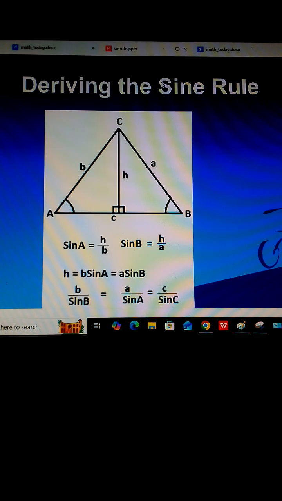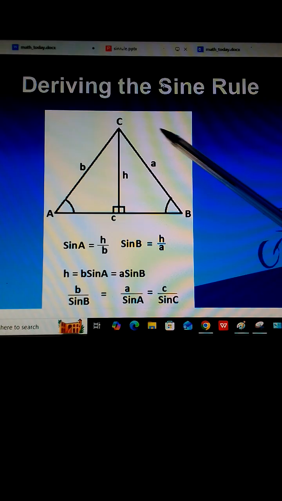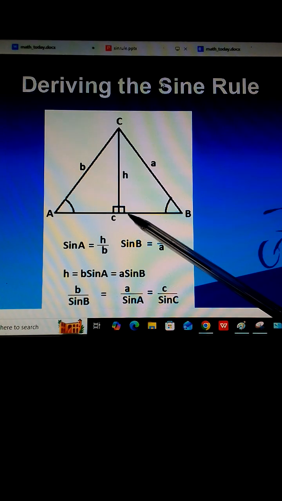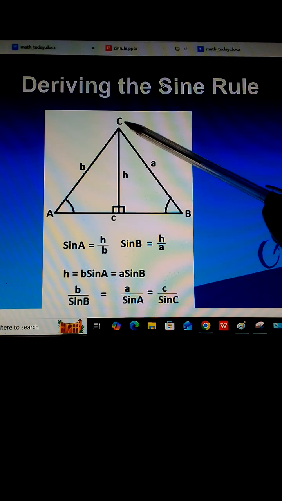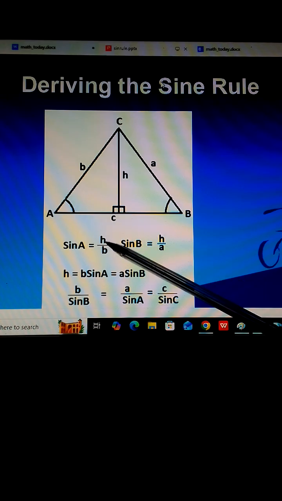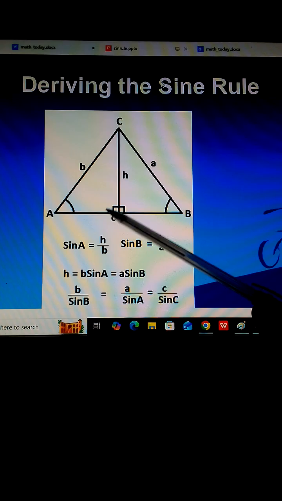Deriving the sine rule. Let us consider a triangle ABC with angles A, B, and C and corresponding sides a, b, and c. And then a perpendicular is dropped from point C to the line AB at this point. So this angle is a right angle.